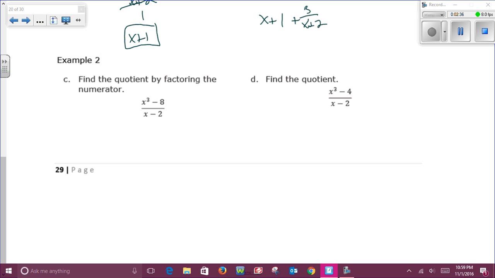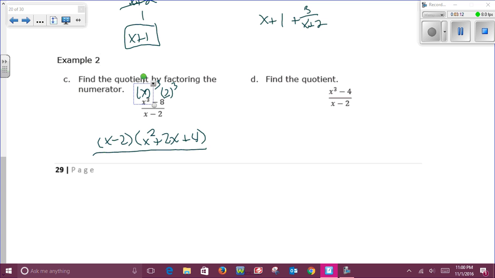For example number 2, find the quotient by factoring the numerator. Well, if I factor this numerator, these are my perfect cubes, remember, so this is x, the whole thing cubed, and then this is 2 cubed, and that goes back to my one factor is x minus 2, and my other factor is then going to be x squared plus 2x plus 4.